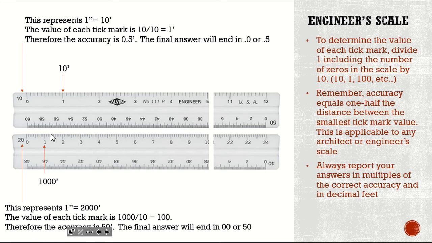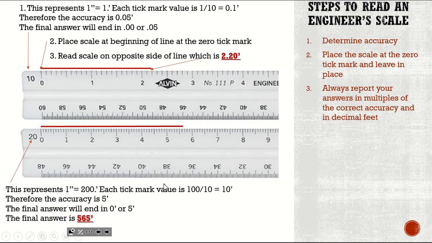So let me turn on the lights because I guess I'm not moving enough. Okay, all right. So this represents 1 inch equals 1 foot. Each tick mark is 1/10 of, so if this is 1 foot, see, 10 scale, I'm taking the 0 off. Instead of that being 10, it's 1 foot. So 1 divided by 10 is 0.1.